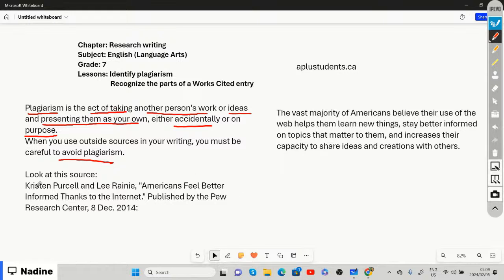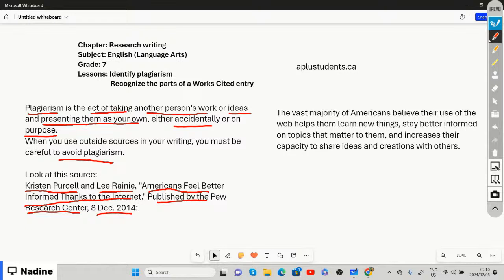And here they specifically say who wrote the journal, which is the authors or the writers of the journal, the name of the journal, the publisher, as well as the date of publication. So that is how you can, let's say, write a source.